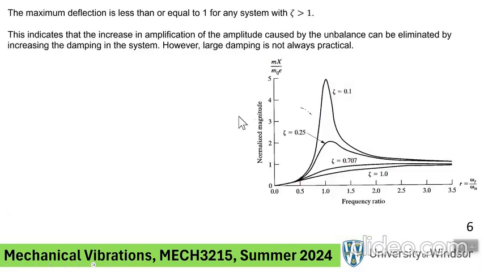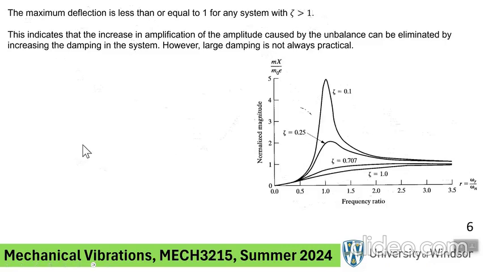Now, a couple of observations here. First of all, when zeta is bigger than 1, when the damping ratio is bigger than 1, in other words, you're looking at these curves, 1, 1.5, 2, etc. The maximum deflection, this deflection ratio, is less than 1. You can see that.